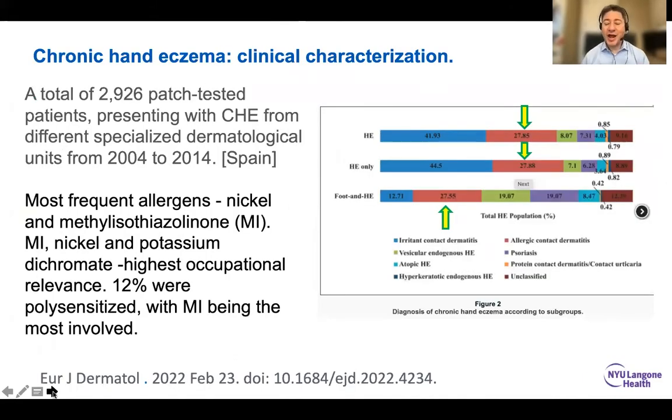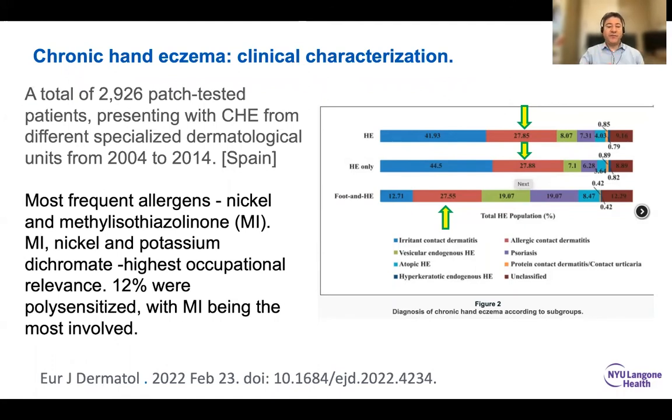If we look at chronic hand eczema, right, we agree that it's got an eczematous component or a psoriasiform spongiotic component, and we take all these patients and look at them after a full workup, including patch testing. We note that for hand eczema alone, over a quarter of the patients carry a diagnosis of allergic contact dermatitis.